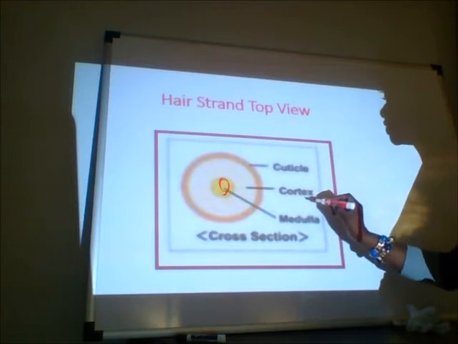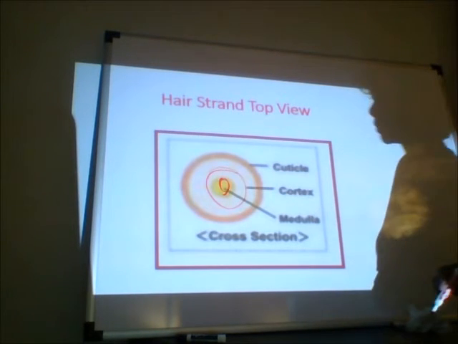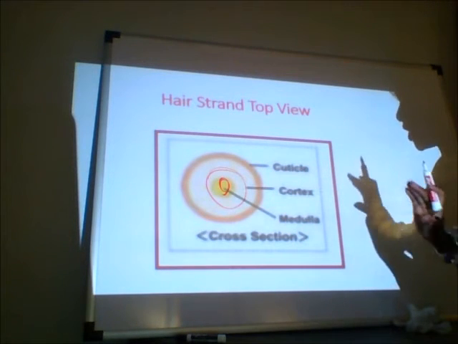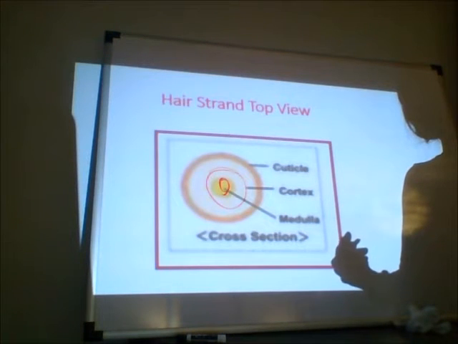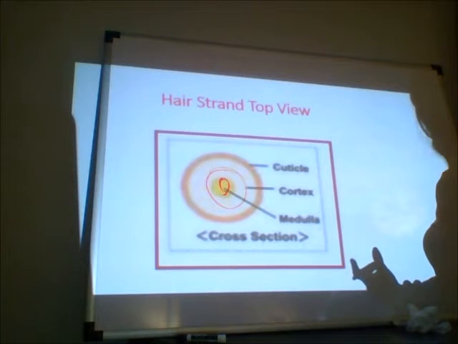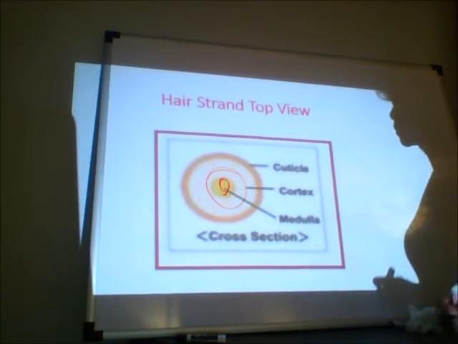Class, our cortex is called the inner part, which is the inner but not the innermost, because that's the core. That's just the inner part. Class, what's in there? What are we trying to protect? Yes, moisture. Yes, protecting it to keep it from being dry and broken and brittle.